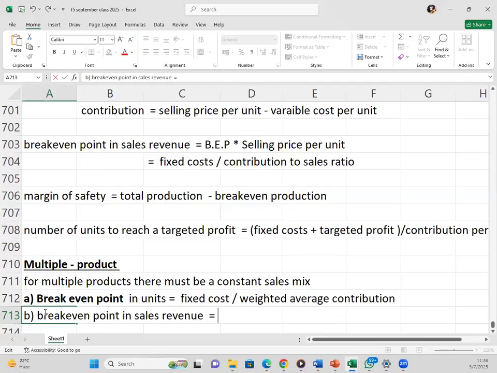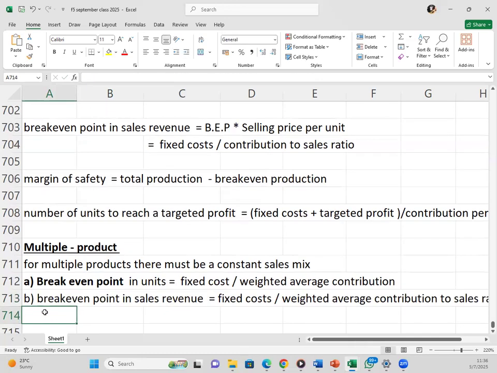So the break-even point in sales revenue, the formula is fixed costs over weighted average contribution to sales ratio.